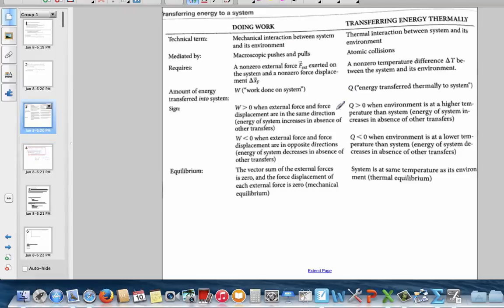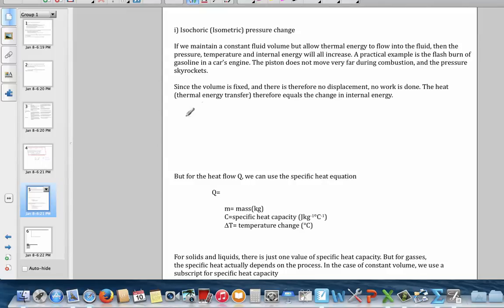Those sorts of distinctions and sign conventions are summarized in this chart. And there are some subtle things that you need to understand here. These things will be illustrated when we start talking about thermodynamic processes, which we're going to do right now.